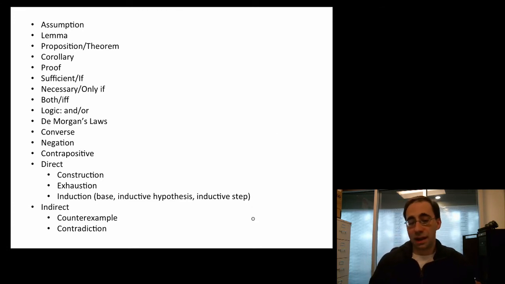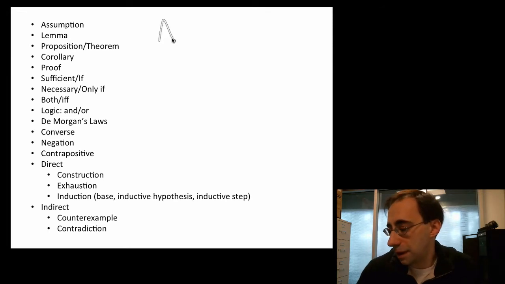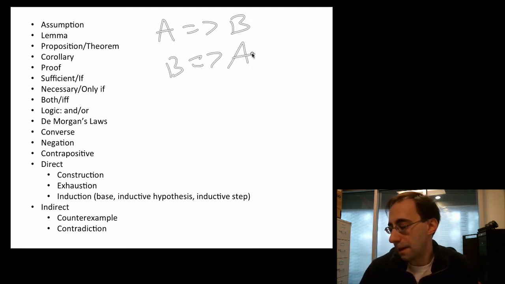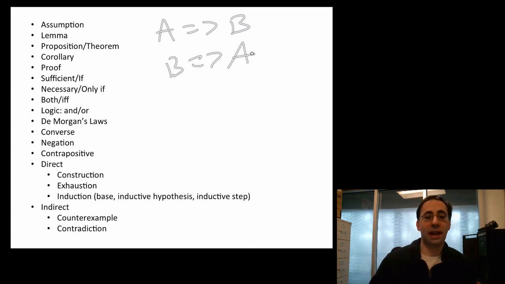One is the converse of a statement. If this is the statement you're trying to prove, the converse is with them flipped. A implies B has a converse, B implies A. The converse is not always true. It may be true, it may not be true, but it is not automatically implied by the statement itself.